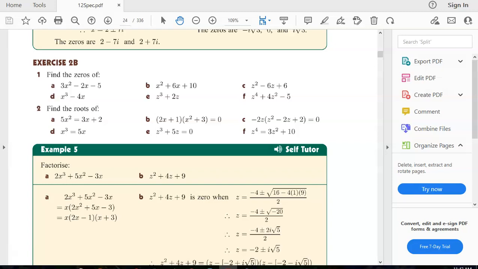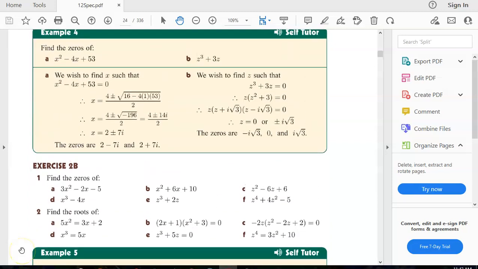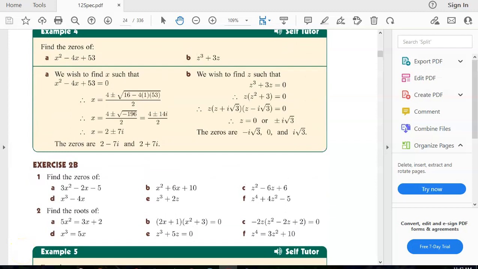So a lot of these, as you can see up here, we are just using your quad formula, reminding yourself that, yes, you can have imaginary solutions. And if your calculator says error when you put that in, what's the problem? Right, you haven't changed it into your complex mode. So just make sure that we're up with that. But very good, very good, very good.